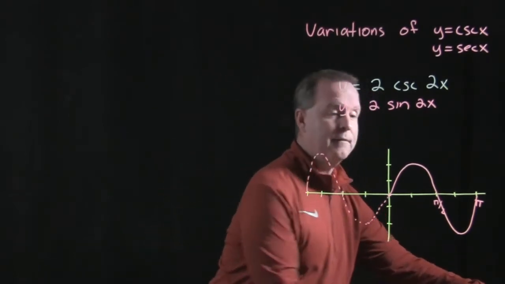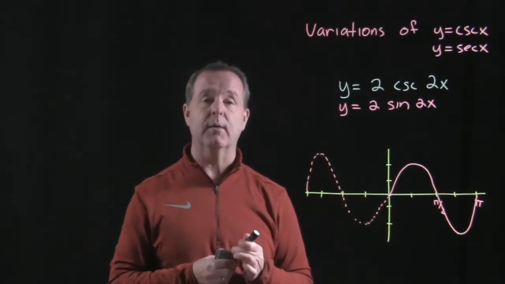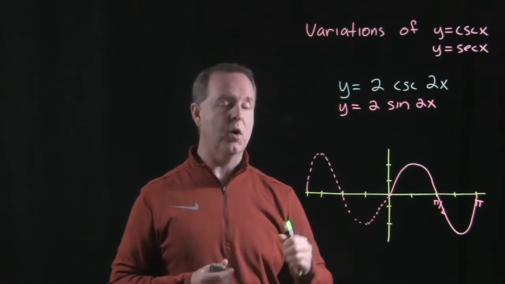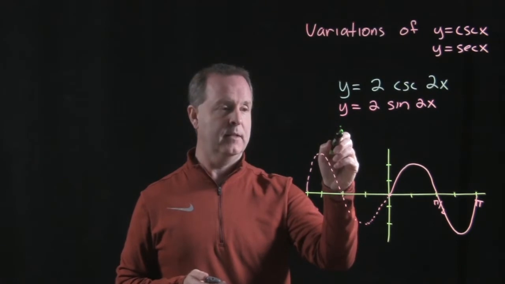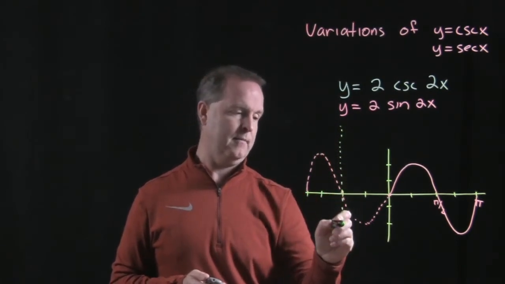Now off of that graph, we can start to build our reciprocal functions. Notice everywhere it crosses the x-axis, that's where we have a vertical asymptote. So I can just go ahead and draw those in.